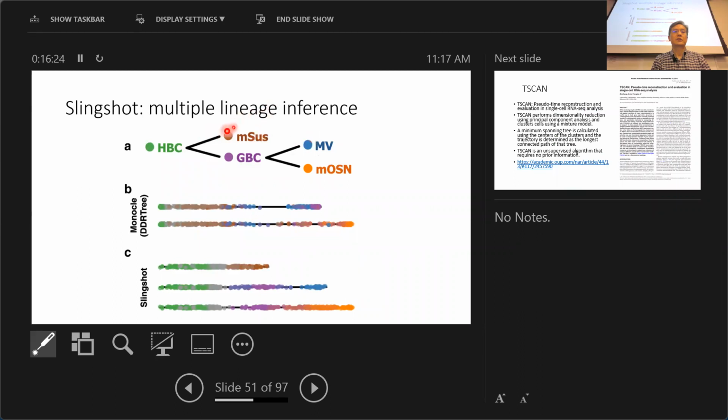So they gave some examples, say, okay, Slingshot reconstructs a more realistic development stage because they have these well annotated branches, from a blood cell, I believe.